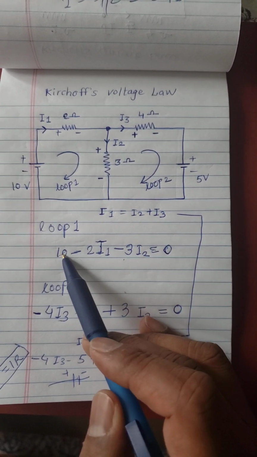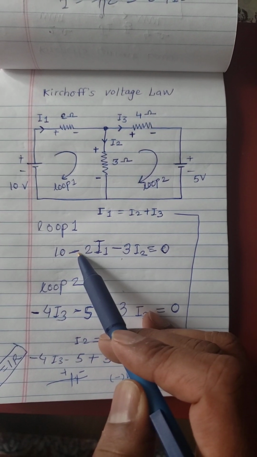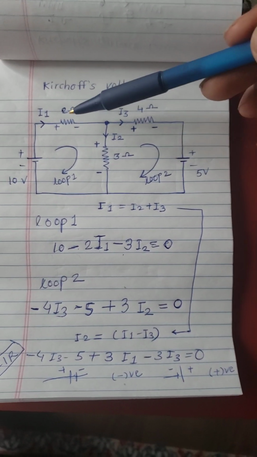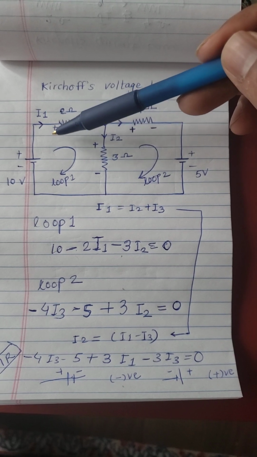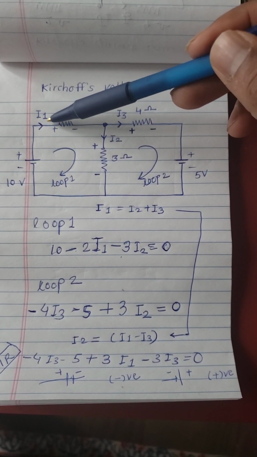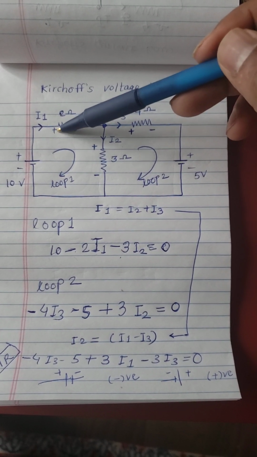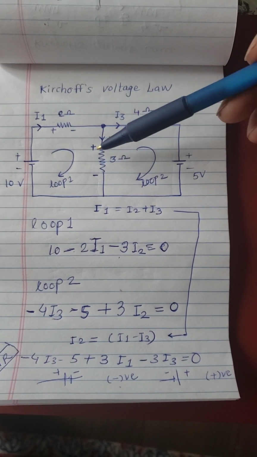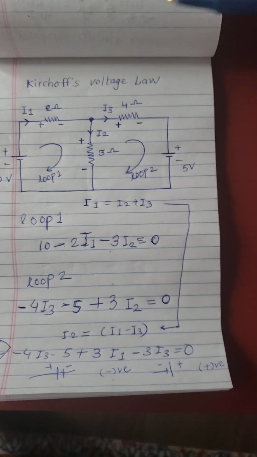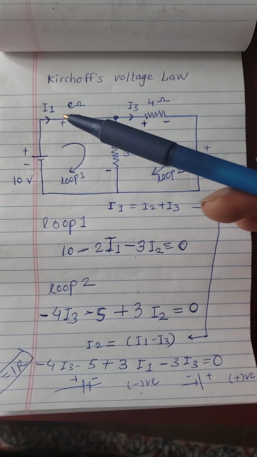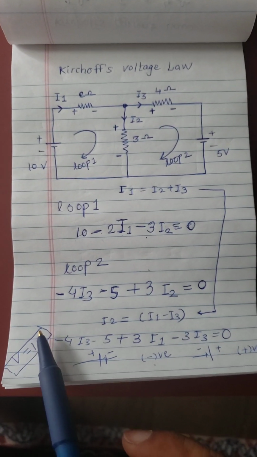So I have written 10, then minus. Why minus? Because we have written the polarities, right? The current is flowing in that direction, so the polarity for each resistance is plus and minus. So V is equal to I into R. That's what we have written here.